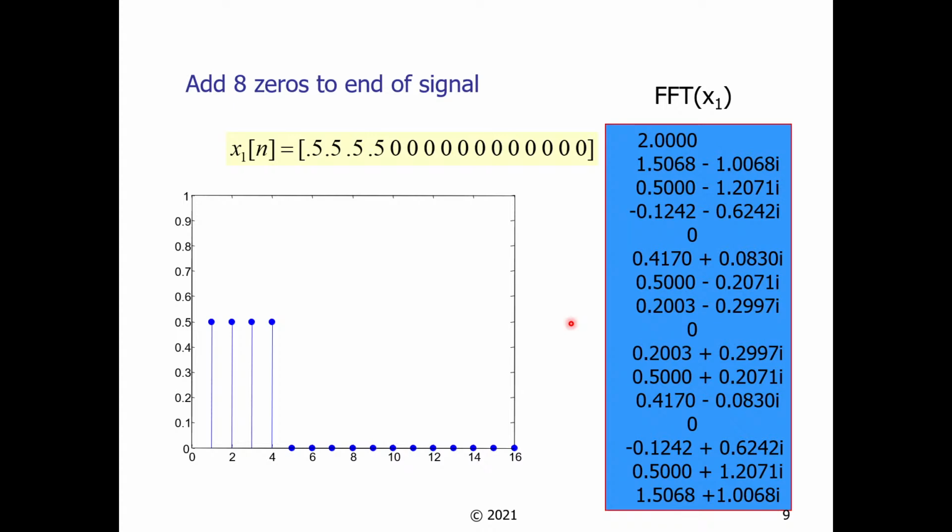So just pay attention to when you start zero padding your signals. You get frequency components in between the true frequency components of the original signal, which tend to be unwanted. And the more you zero pad, the more of these components you're going to get in between your original frequency components.